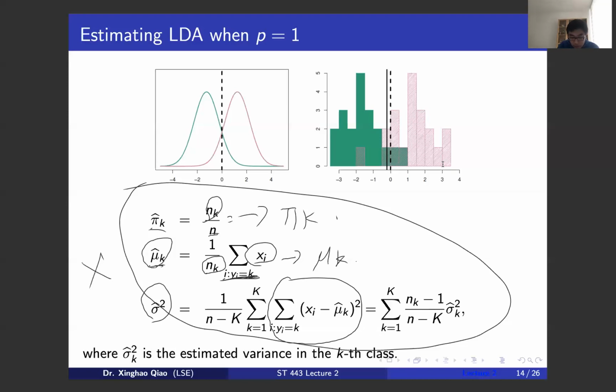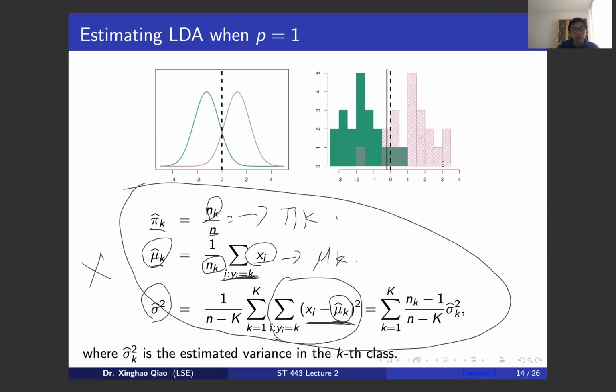So this is just the sample variance for the observations belonging to the case class, and this is the sample mean for those observations. Remember, this is just the formula to calculate the sample variance for those observations belonging to the case class. And finally, because we assume that sigma 1 equals sigma 2, that is, the variance is the same, this is the estimated variance for the case class.